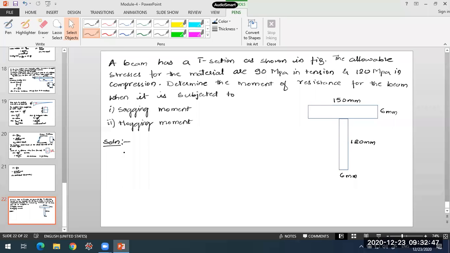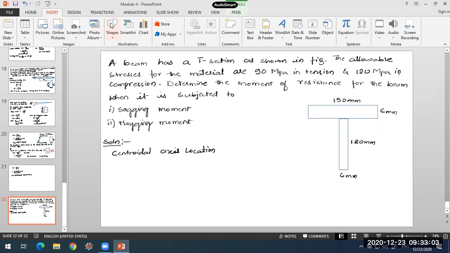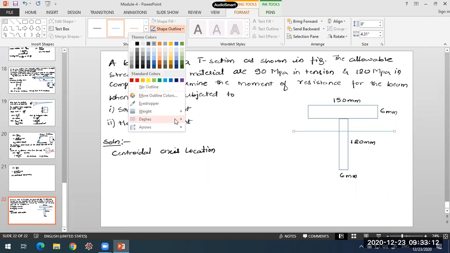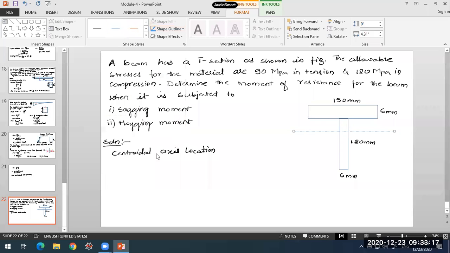First is the centroidal axis location. What I mainly require is this y bar value. I need to locate the centroidal axis, and we can take it with respect to the flange.